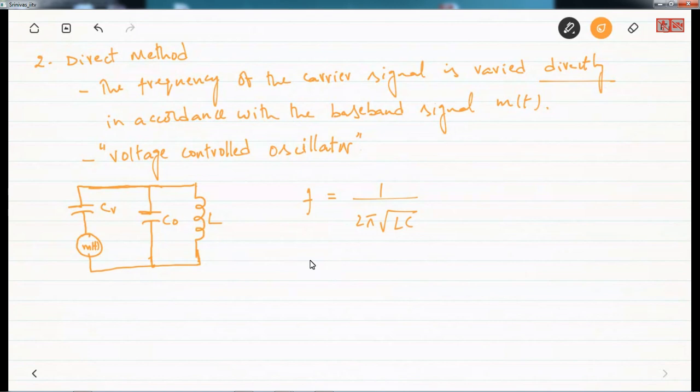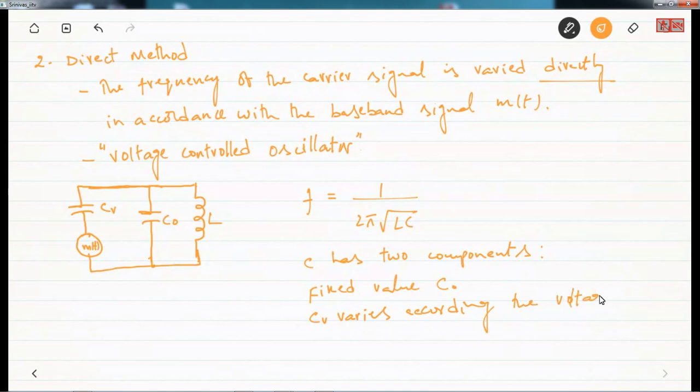Right. But here C has two components. One is a fixed value C naught. Another is CV, which varies according to the voltage signal m of t.